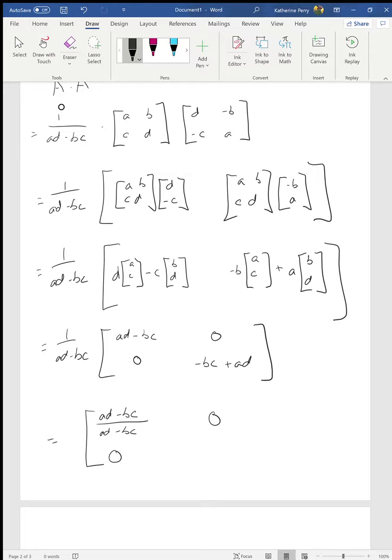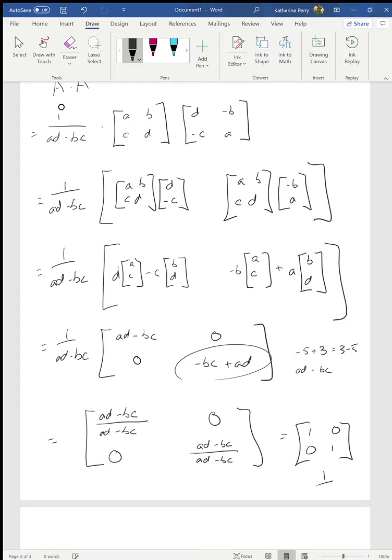And then let me rearrange this, so this is actually the same as ad minus bc. It's fine to write it in that order, just like negative 5 plus 3 is equal to 3 minus 5. And so if I do that, again I get ad minus bc divided by my scalar. And now it's much easier to see that this is in fact equal to the identity matrix I_2, just like I wanted.